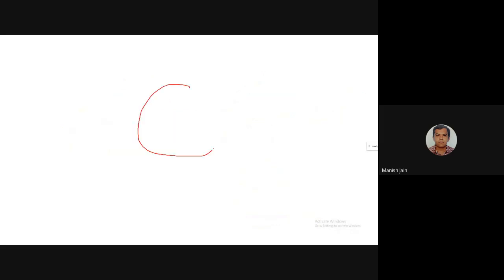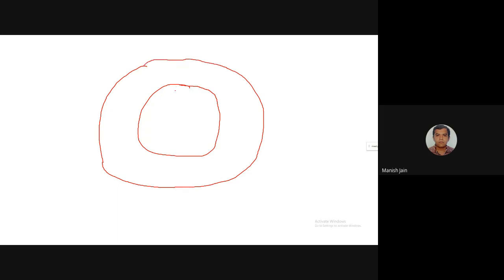Suppose you have a spherical bearing which is present in a moving part. Okay, so this is the spherical bearing which is present in the moving part. Okay, and the bearing is rotating on this axis horizontally.